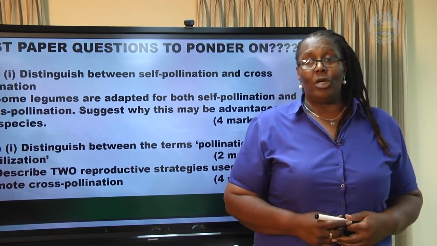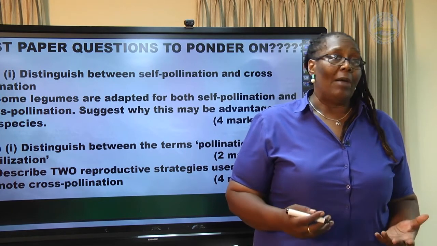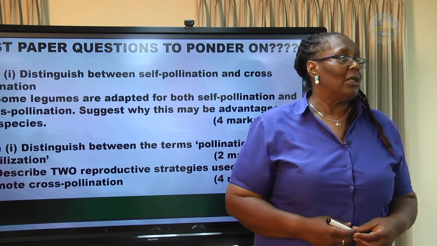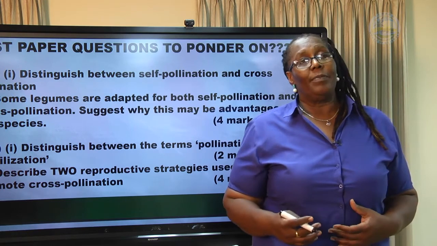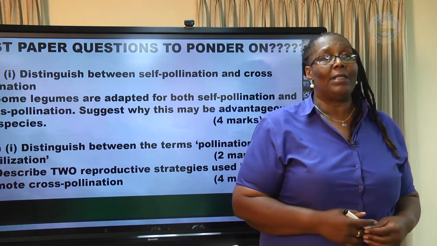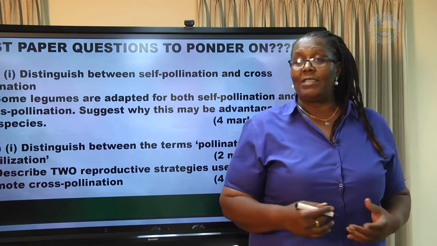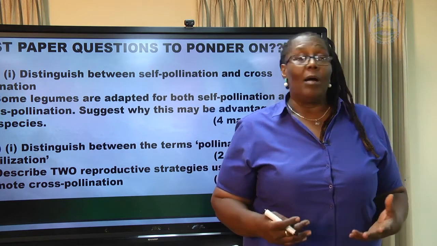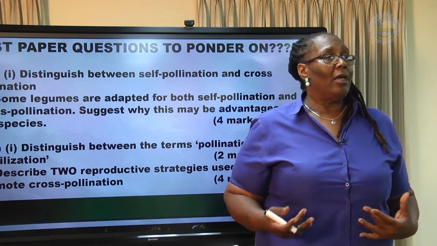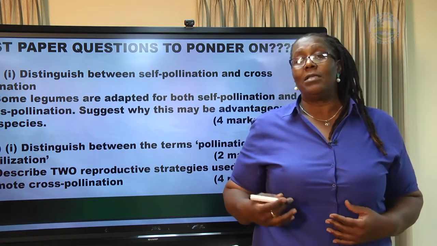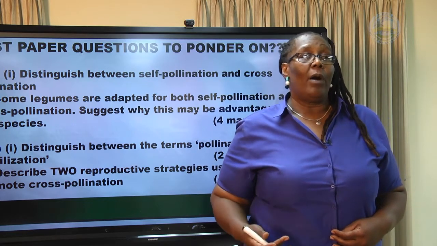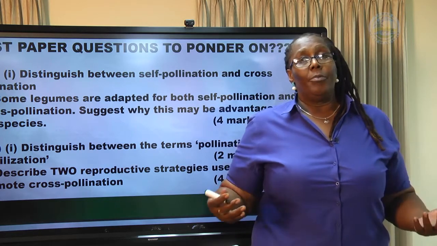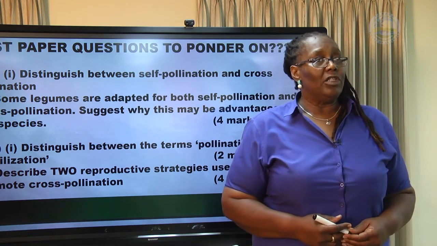You can also look at dichogamy, where some parts of the plant will be developed and open before the other parts. You also have self-incompatibility, where if the pollen grain lands on the stigma of the same flower, it will not produce a pollen tube.